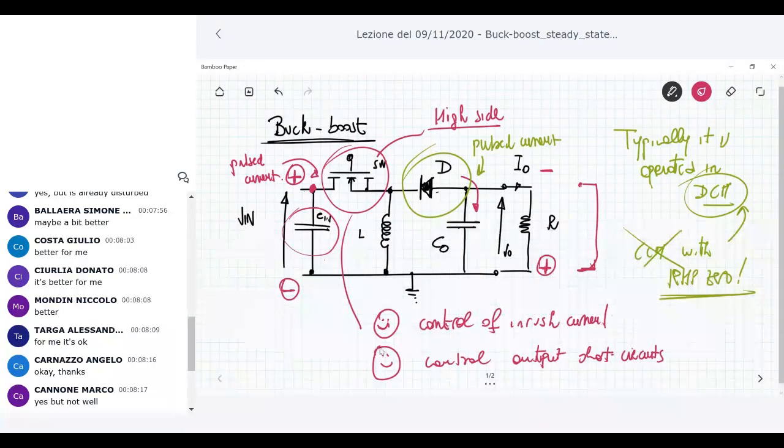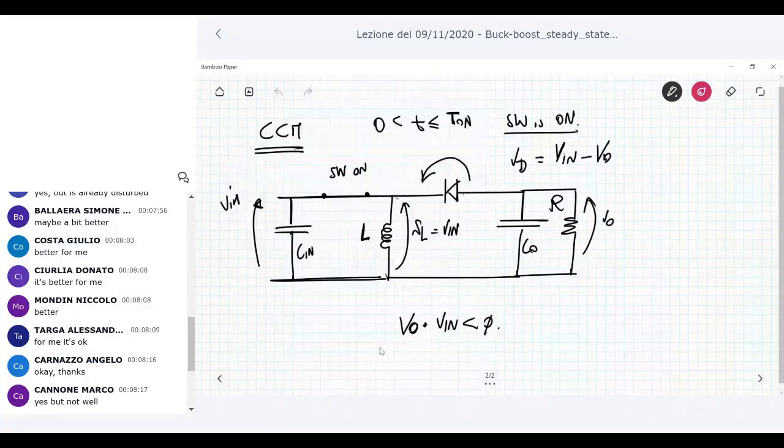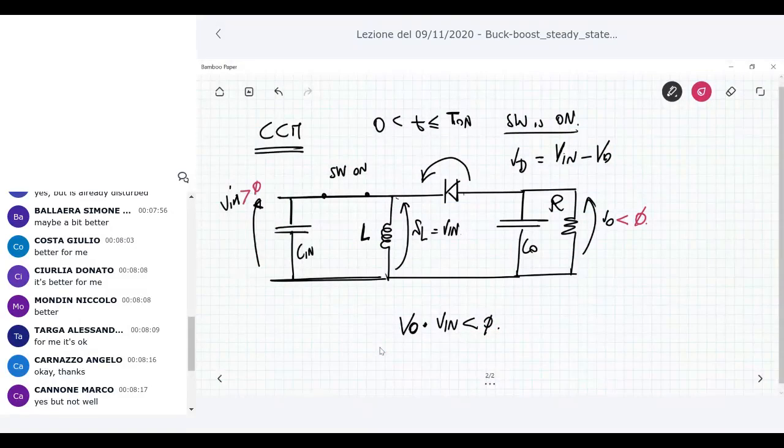Okay, so the output voltage has a sign which is the opposite of that of the input side. If the voltage V in with that polarity is positive, the output voltage is negative. So V naught is negative, supposing that V in is positive.